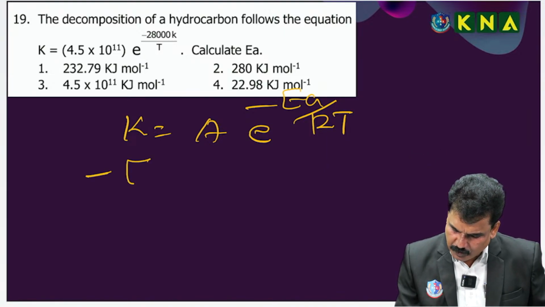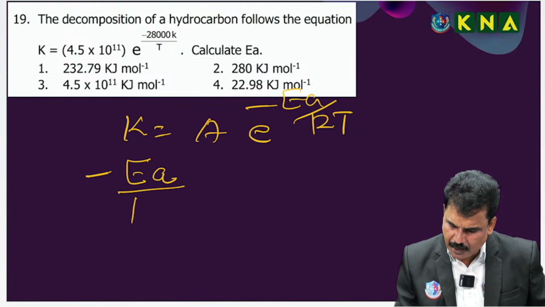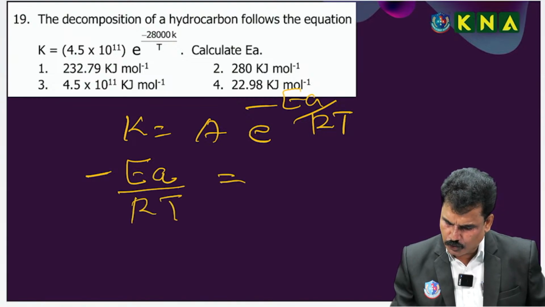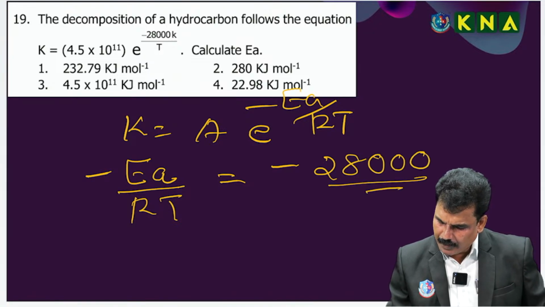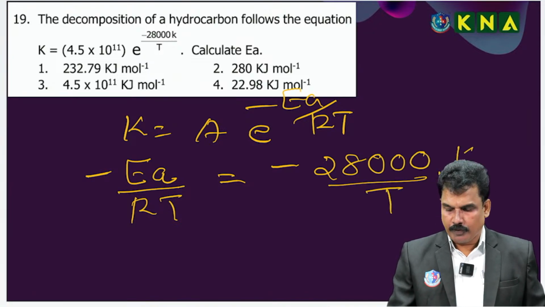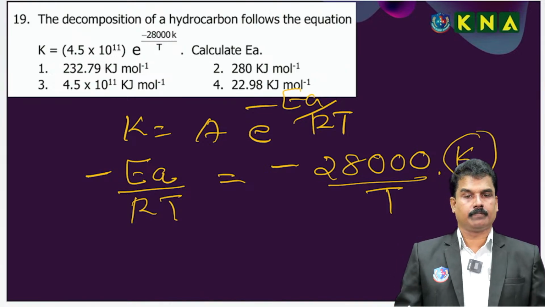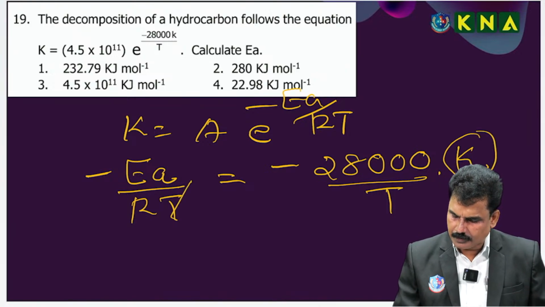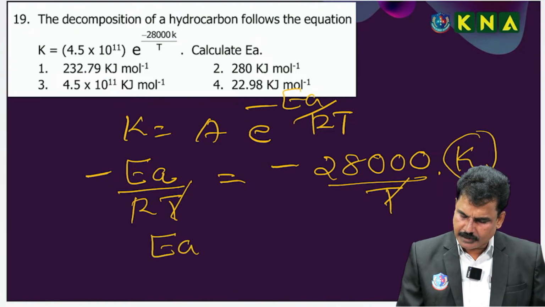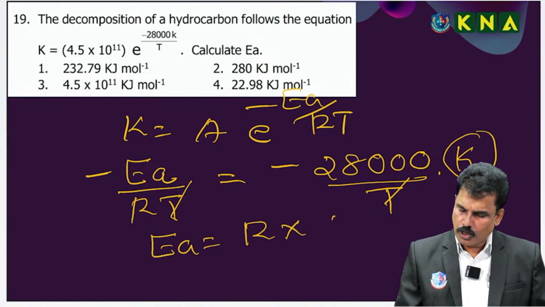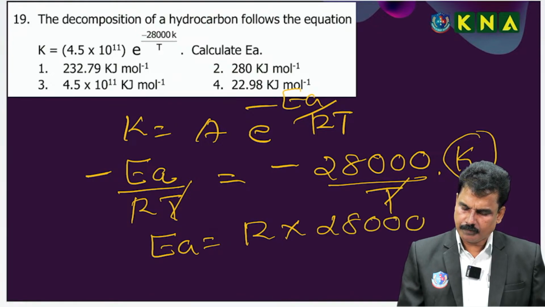So from this we can correlate minus Ea by RT is equal to minus 28,000 by T. K means Kelvin, temperature is in Kelvin scale. But T cancelled, minus also cancelled. So what is Ea? Ea is equal to R into 28,000.